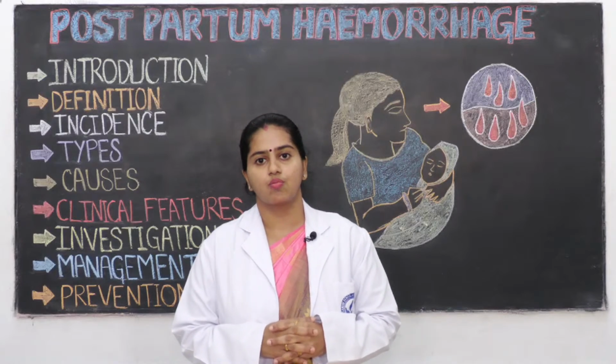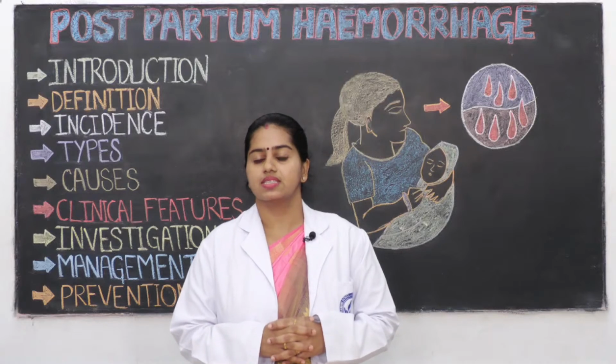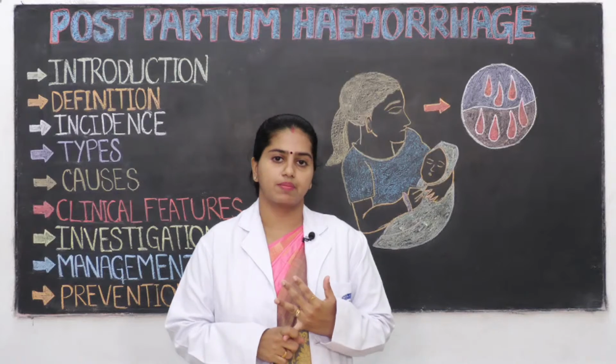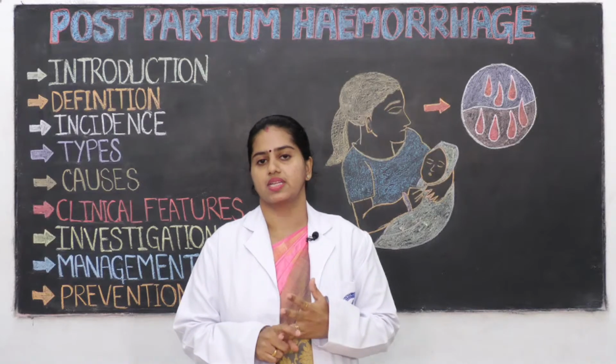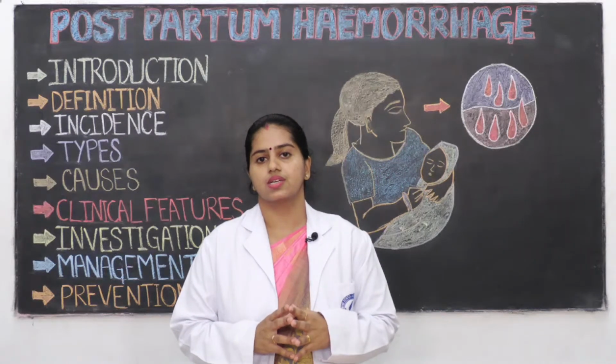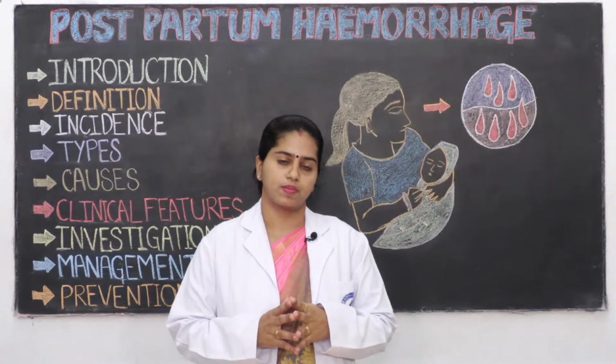Then it is known as postpartum hemorrhage. We have discussed generally two types: primary postpartum hemorrhage and secondary postpartum hemorrhage. In primary postpartum hemorrhage, there are two types: third stage postpartum hemorrhage and true postpartum hemorrhage.